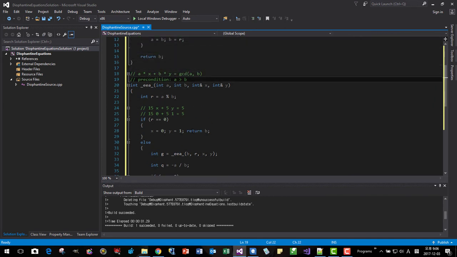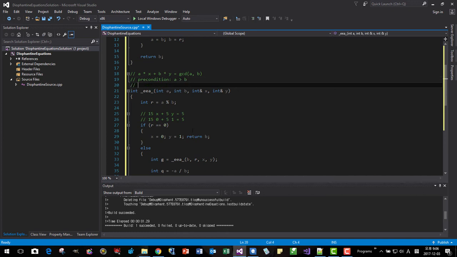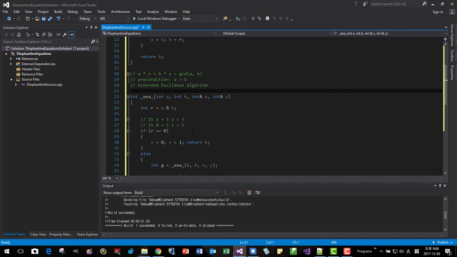This is, I will say, the extended Euclidean algorithm, internal representation.